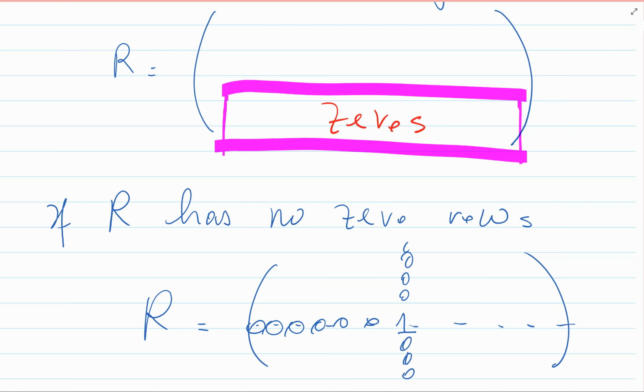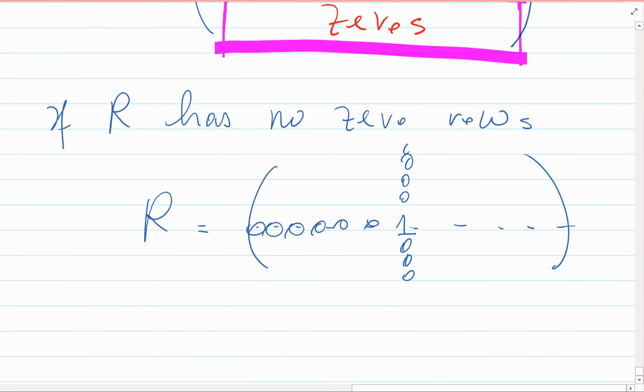The idea here is that we can show that the reduced echelon form has only this form, and in this case R is the identity matrix.